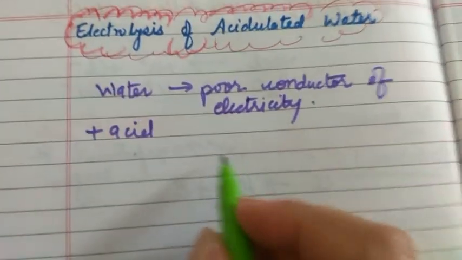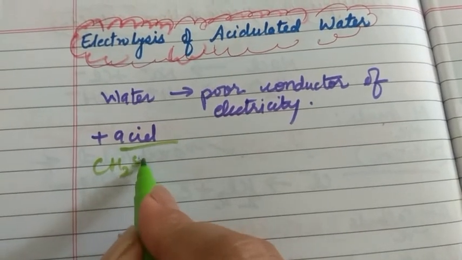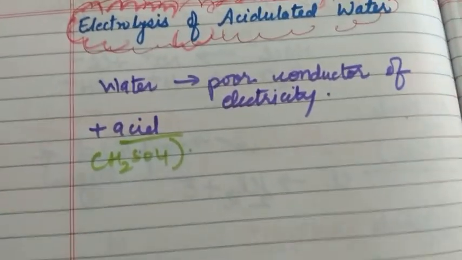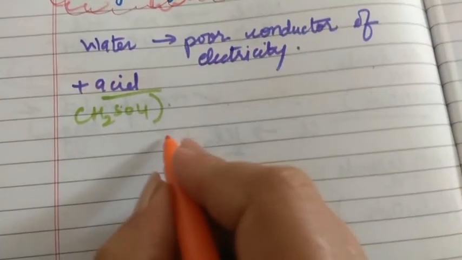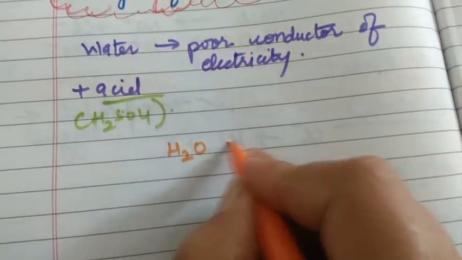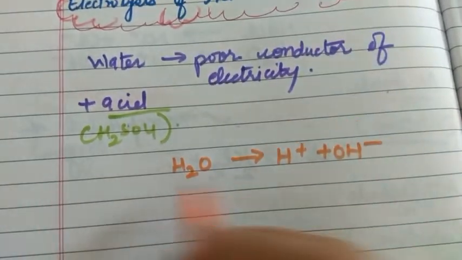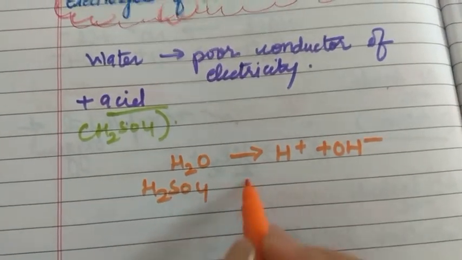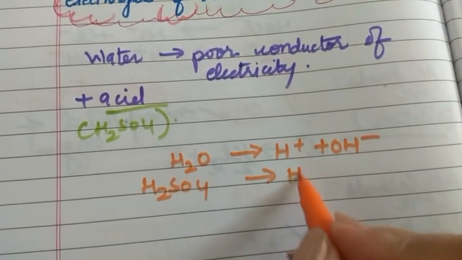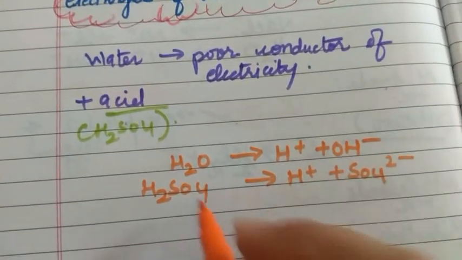So here we have water. Suppose the acid added is H2SO4. Now H2O will give H+ plus OH- ions on passing electricity, and sulfuric acid H2SO4 will give H+ plus SO4 2- sulfate ion.